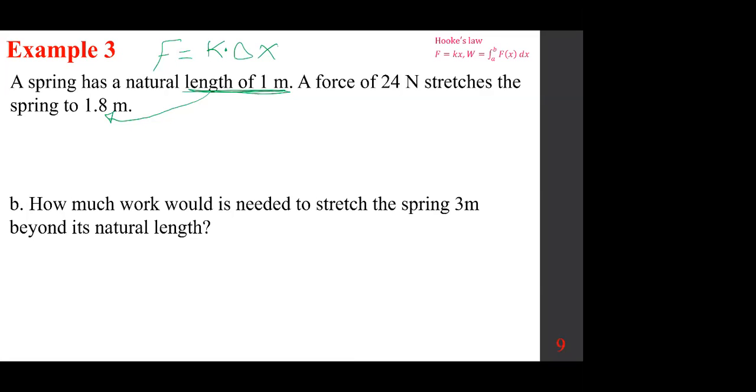Okay, so in other words, if this is normal, 1 meter. So now, normally it's 1 meter.